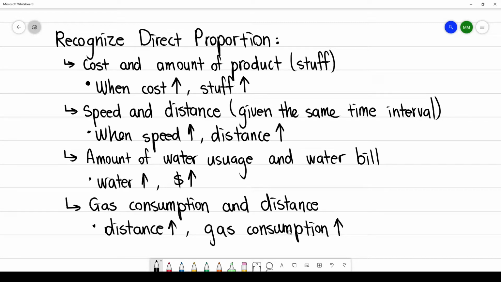And with consumption, make sure you remember that this is not what is left. This is what is used. Okay, so I guess we can leave it on here.